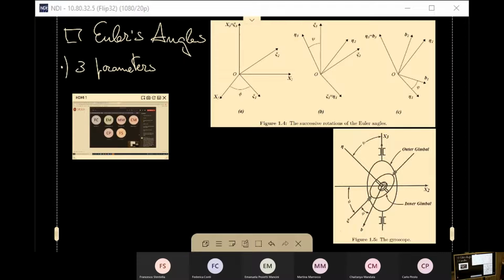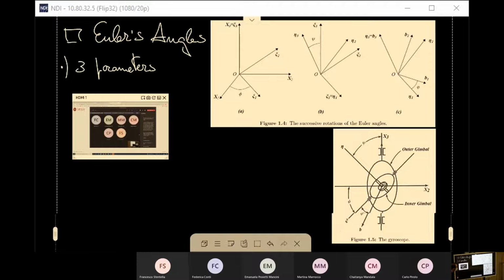And in fact, these angles of rotation are typically called the nutation, the spin, and the precession. That's something which is super well known.